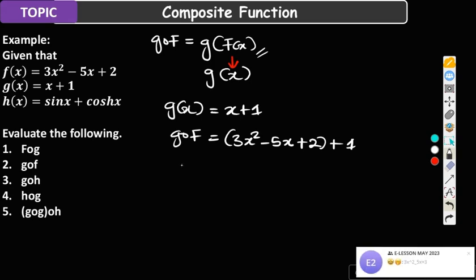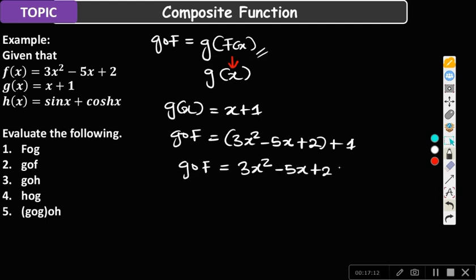This will give us g of f is 3x squared minus 5x plus 2 plus 1, which gives 3x squared minus 5x plus 3. And that will be the correct answer.